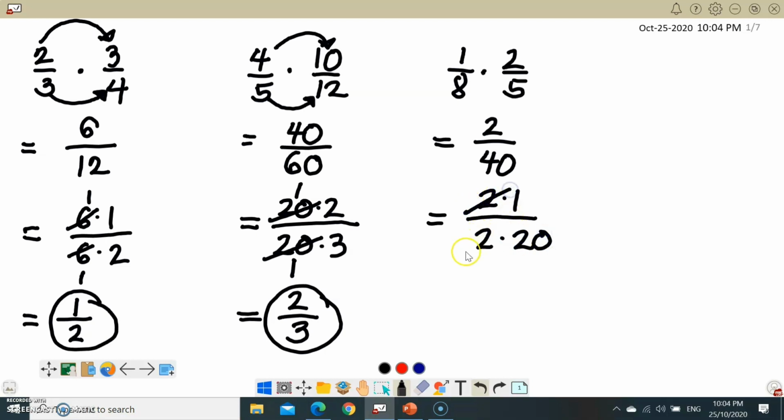So we cancel 2 and 2. The quotient is 1. 1 times 1 is equal to 1 over 1 times 20 is equal to 20. The product of 1 over 8 multiplied by 2 over 5 is equal to 1 over 20. Again, the process of multiplying fractions is the same as multiplying rational algebraic expressions.